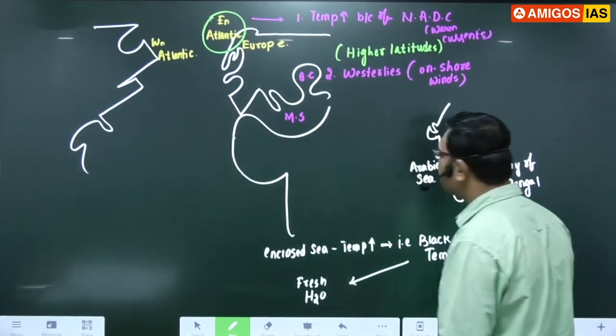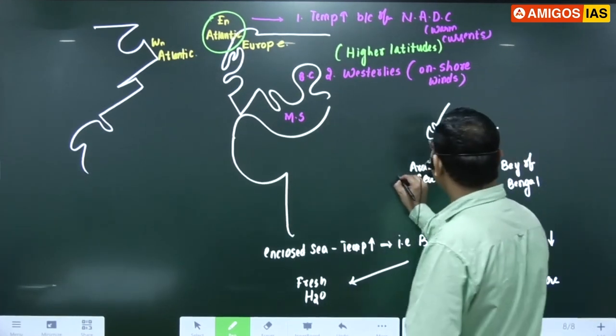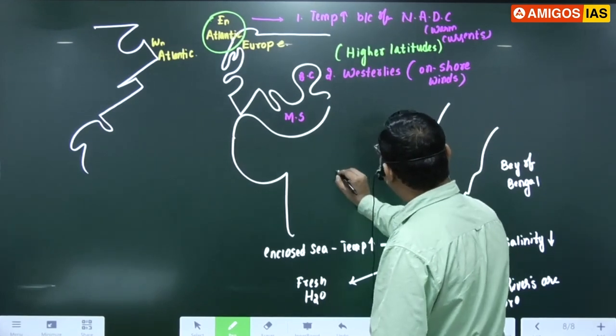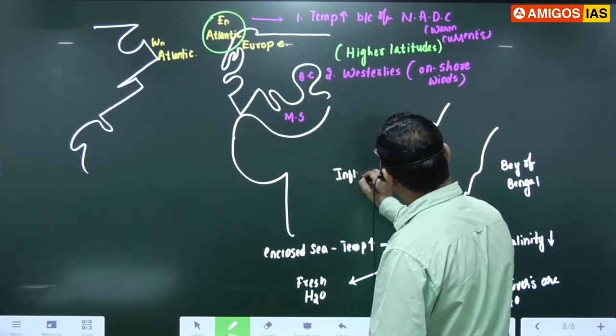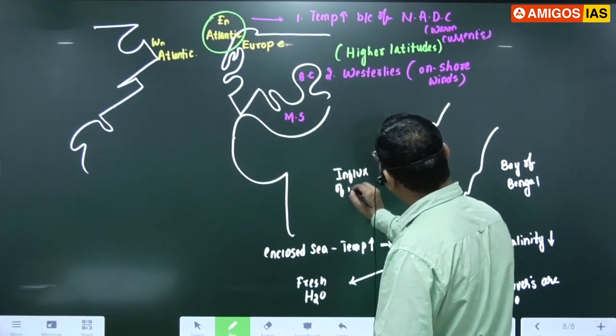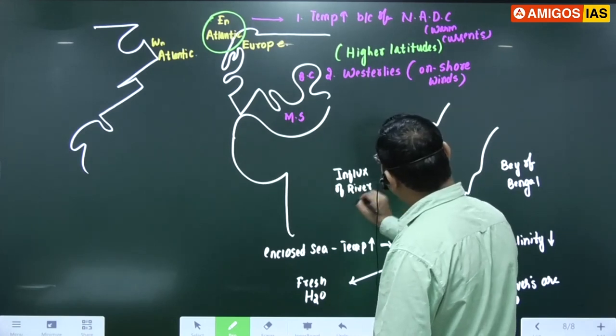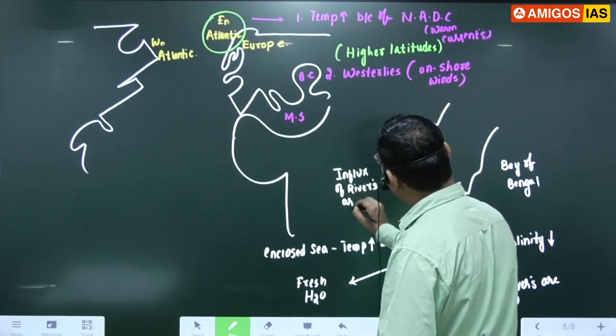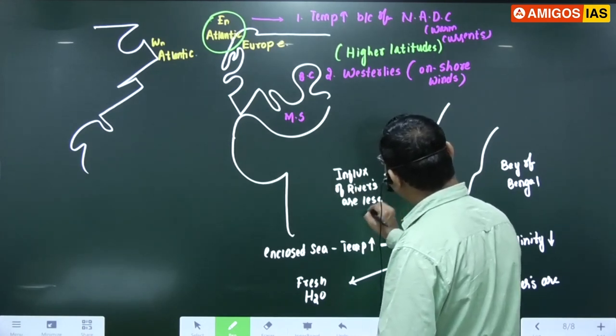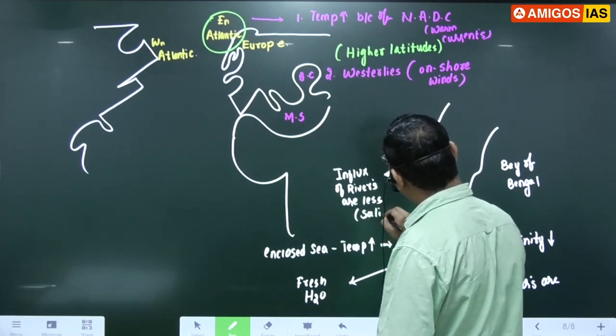Same thing in the Arabian Sea also. In the Arabian Sea, the influx of rivers is less. So salinity will be more.